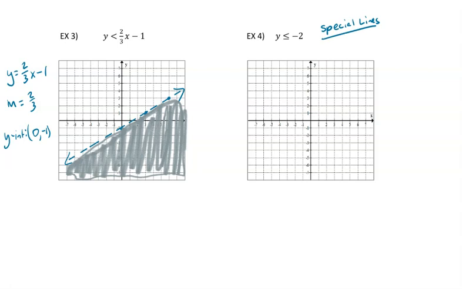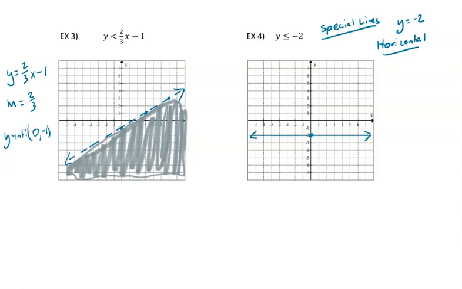In particular, since it's y equals negative 2, if we just think of it as equals for a second, y equals negative 2 means it's a horizontal line. So we just go down to negative 2. Then we draw a horizontal line straight through that. And keep in mind it is going to be a solid line because it's less than or equal to.